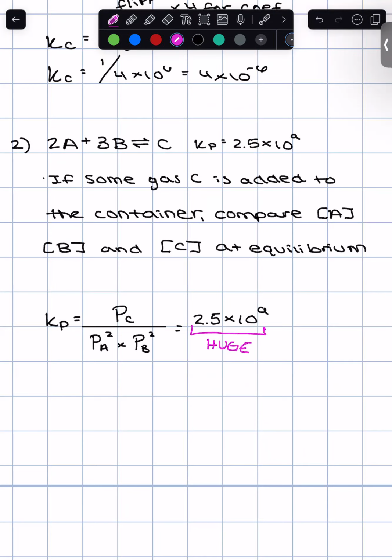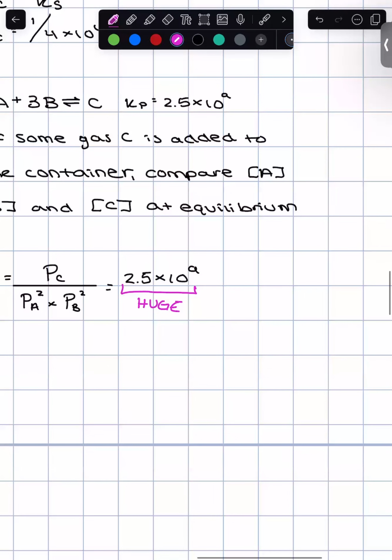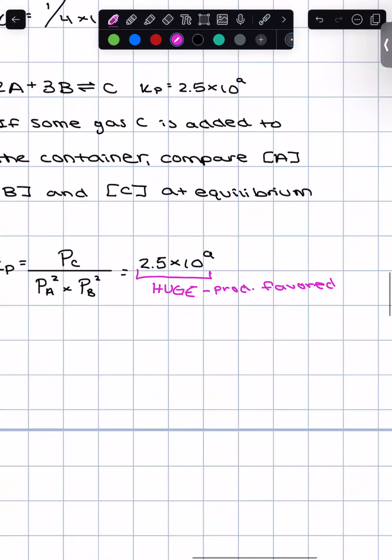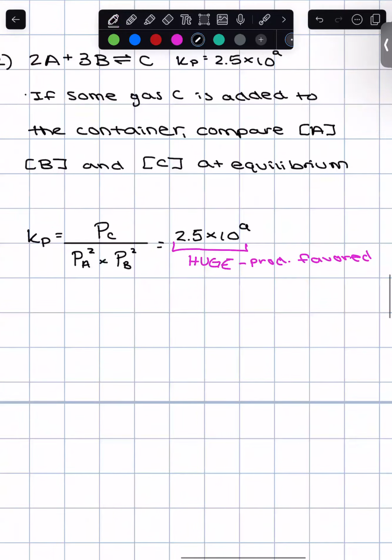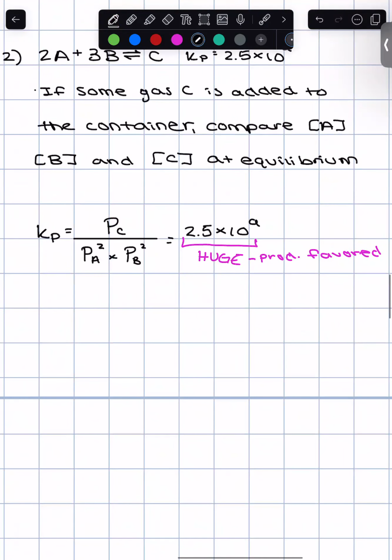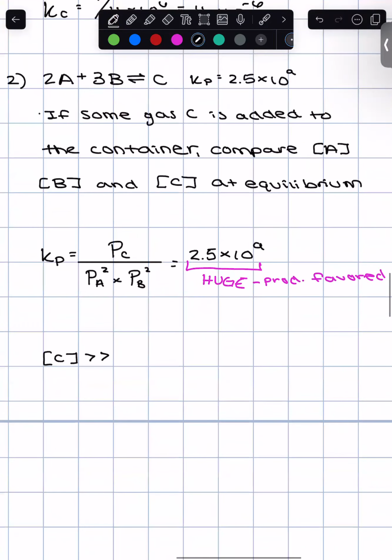Does that mean this is product favored or reactant favored? Product favored, right? And very product favored at that. So at equilibrium, if we're product favored, the concentration of C is going to be predominant. It is much greater than everything else. And there's our first part.